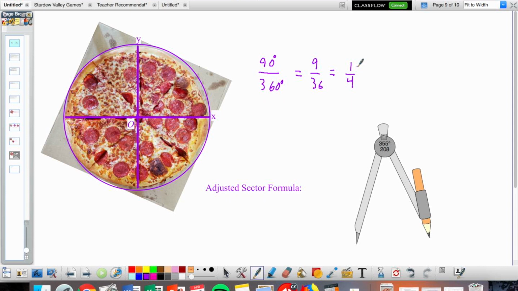And 9 goes into 36 4 times. So 9 over 36 reduces to 1/4. And that's where the 1/4 came from in my previous problem.